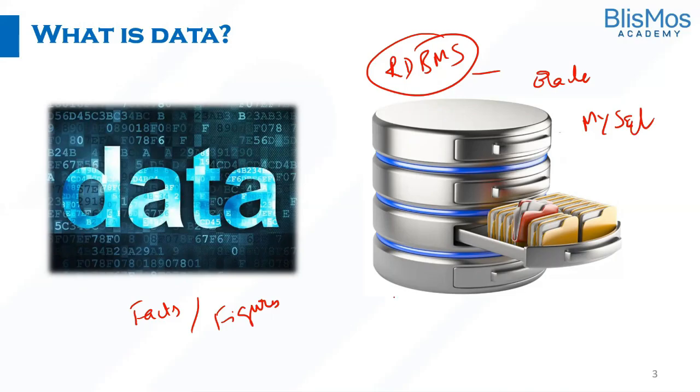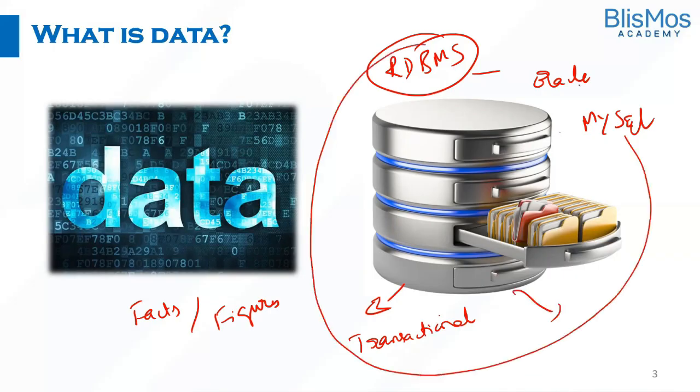So this is an operational system. These RDBMS systems are for transactional processing. If I want to use the RDBMS systems for analytical processing, will not be able to do so for the large amount of data. That is where data warehouse comes into picture.